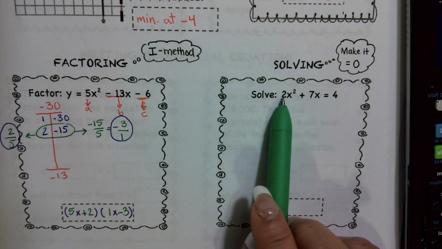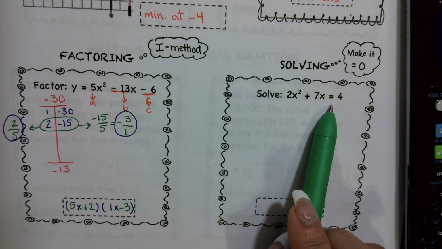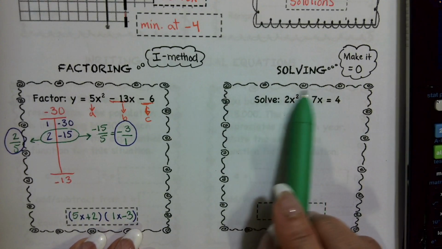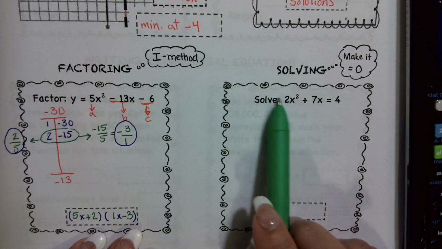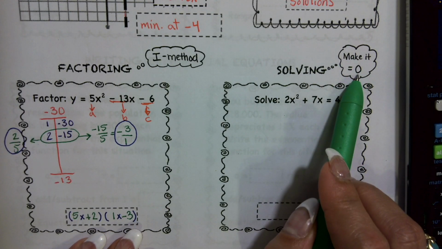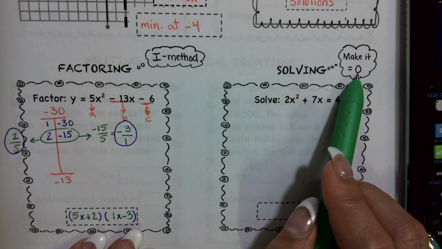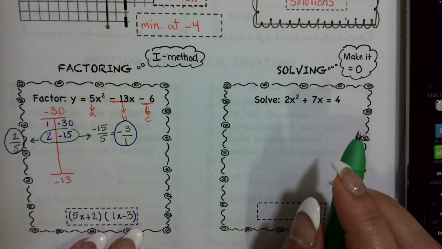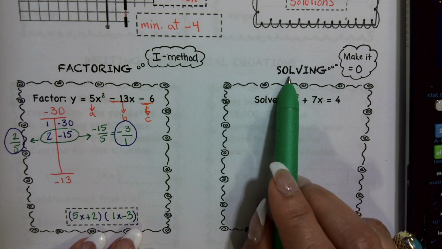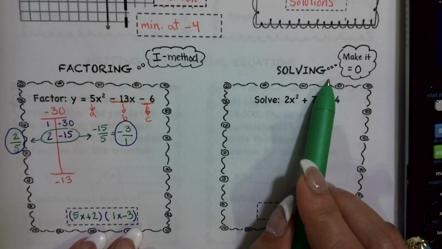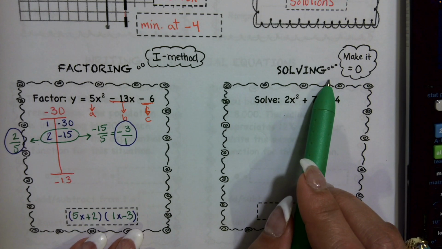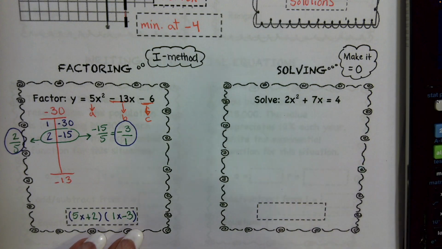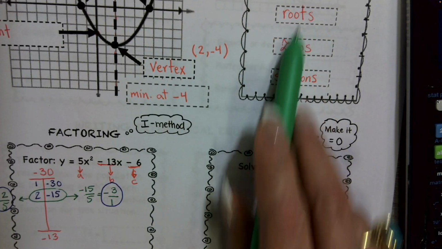So, whenever we're solving, we have to make that equation equal to 0. Always has to be equal to 0. And when they're saying solving, they're always looking for x or x-intercept or zeros or whatever you want to call it, like any of these names.